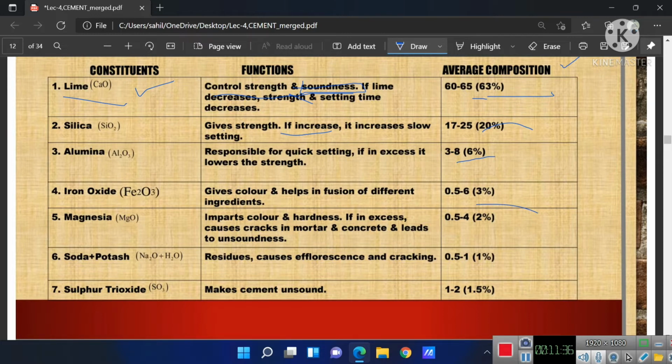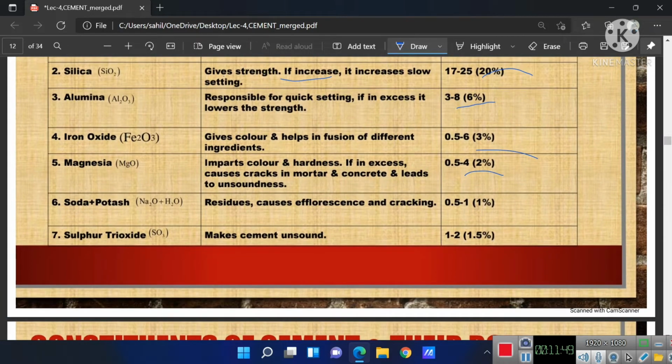In the case of magnesia, it imparts color and hardness. If it is present in excess, it causes cracks in mortar and concrete and leads to unsoundness, and it must be present in about 2%. Now, soda and potash, if present in excess, cause efflorescence and cracking, and they must be present in only about 1%.